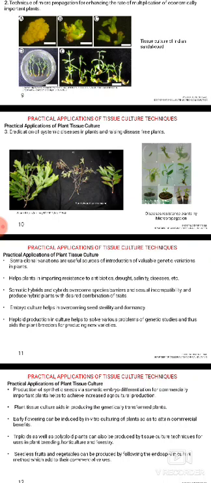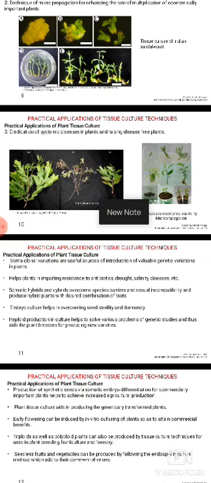Second, it helps in imparting resistance to antibiotics, drought, salinity, diseases, etc. Next, the somatic hybrids and hybrids overcome species barriers and sexual incompatibility and produce hybrid plants with desired combination of traits. Next, embryo culture helps in overcoming seed sterility and dormancy.